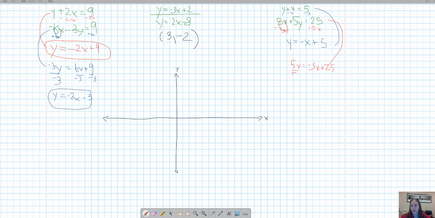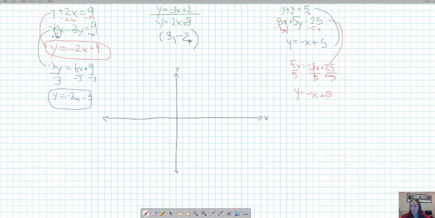And then I just have to divide everything by 5. So I divide everything by 5. So this is y equals -1x, okay, because 5 divided by 5 is 1. And then 25 divided by 5 is 5.